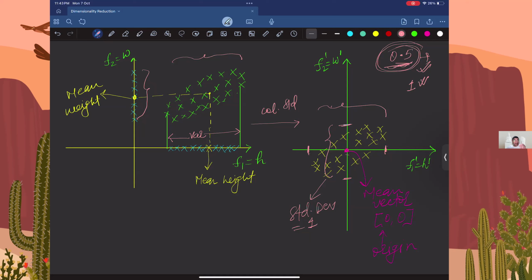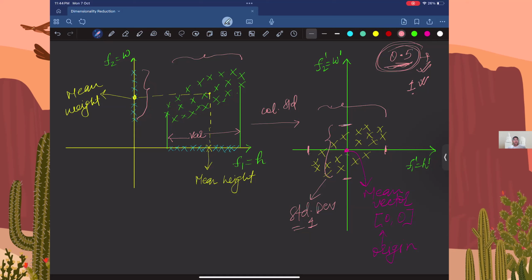Because what is the guarantee here? The guarantee is that my transformed space is such that the standard deviation is 1 on my axis. So if my standard deviation is less than 1, I am going to expand these points. Are you getting it? I am going to pull these points, stretch them away.